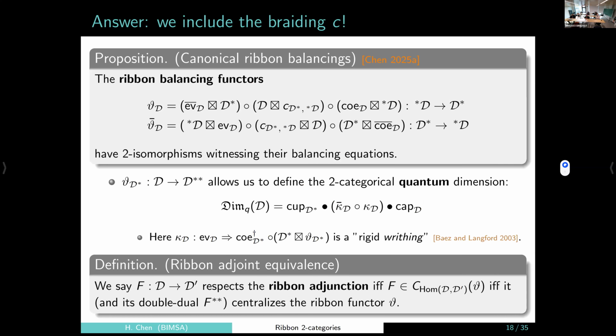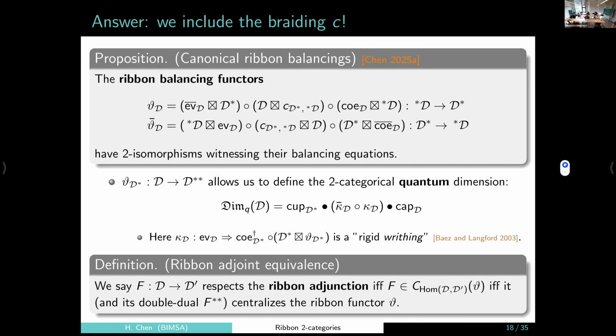Well, of course, now we can add the braiding to the story, and my claim is that adding the braiding will solve this non-invariance issue, because it will tell you exactly what type of equivalence you should impose such that you don't change the two categorical dimension.